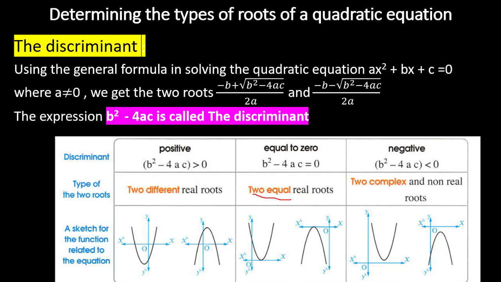If b power 2 minus 4ac, or the discriminant, is less than 0, in this case I have two complex and non-real roots, because this curve doesn't intersect or touch the x-axis.